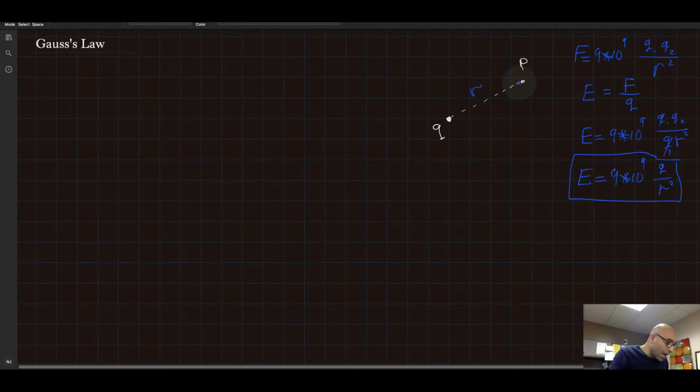Gauss came up with a more general concept to find the electric field for any charge distribution. Let's say we have a charge distribution like this, like a cloud, and you were asked to find the electric field at this point.